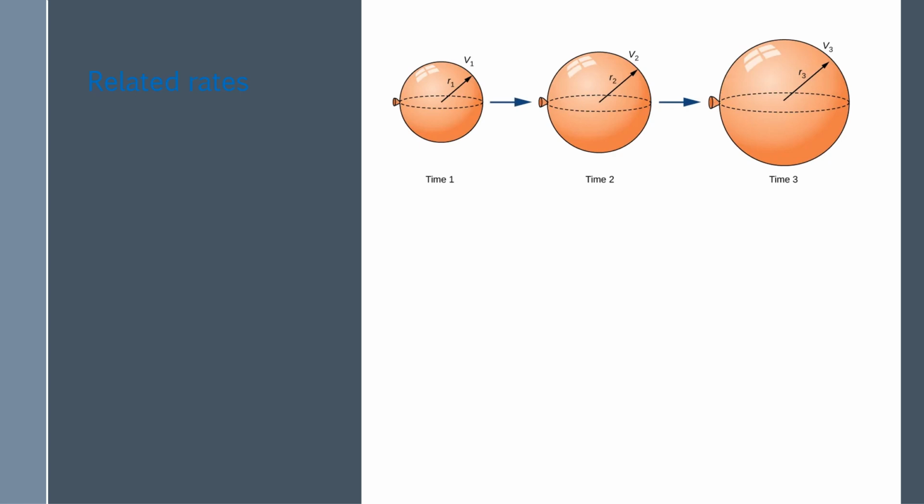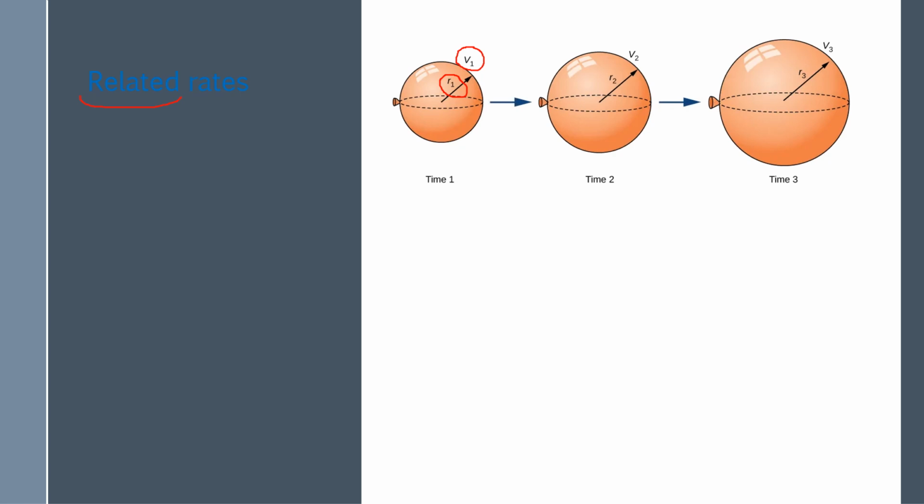Okay, so what is the idea here? If we know the rate of change of one of these quantities, for example, let's say we know how fast the volume is increasing, and we also know the relationship between R and V, hence the word related, then we should also be able to find the rate of change of R. Okay, so that is the big idea here.